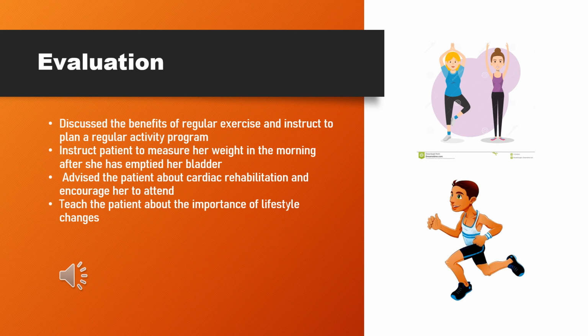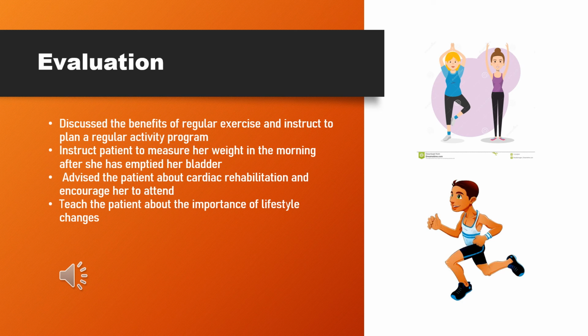Discuss the benefits of regular exercise and instruct the patient to plan a regular activity program. Instruct the patient to measure her weight in the morning daily after she has emptied her bladder. Advise the patient about cardiac rehabilitation and encourage her to attend it. Provide the patient resources of cardiac rehabilitation she can go to that will include physical activity, psychological and social support, and support with her lifestyle changes.